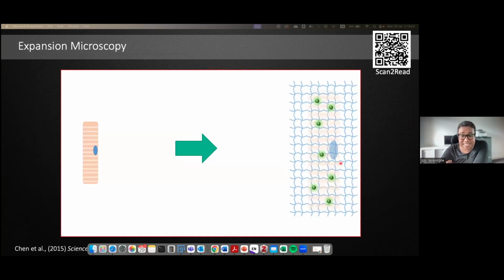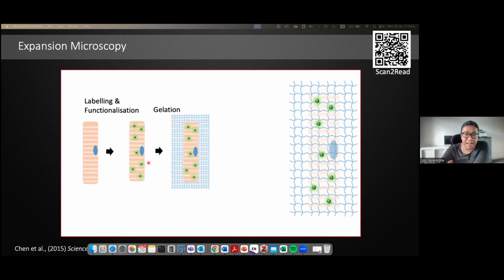So if there's anyone in the room who hasn't already been introduced to expansion microscopy, and I really doubt this because I was speaking to the expansion microscopy user group, I'm going to show you very quickly what it is. This is a method where you start with standard fluorescence labeling of the targets that you might be interested in.